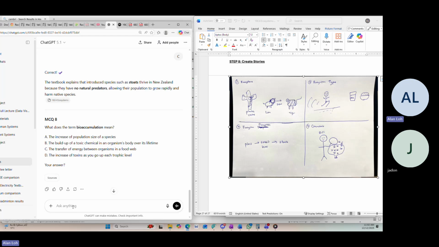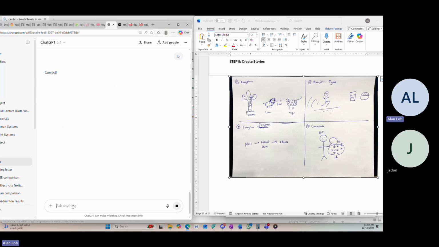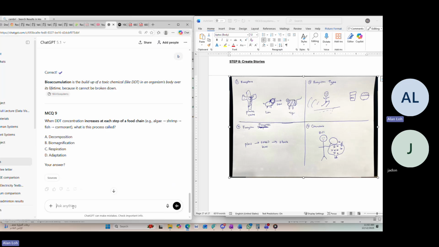8. Which drawer? Five. Drawer 4. Which one? B. Okay. Biomagnification.